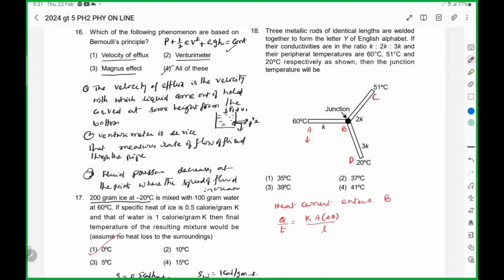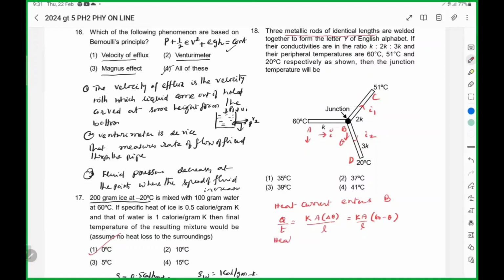Here it is 60. The junction temperature is theta. So Ka by L (60 minus theta). He told metallic rods of identical lengths. Here this heat current enters as I. It leaves the junction, flowing across different rods with different heat currents.